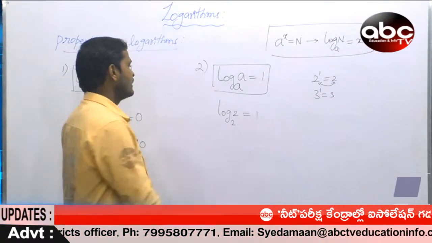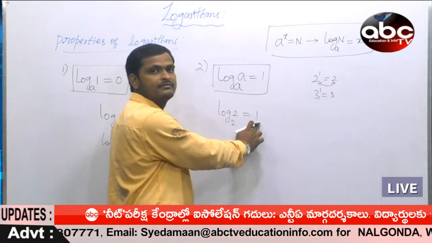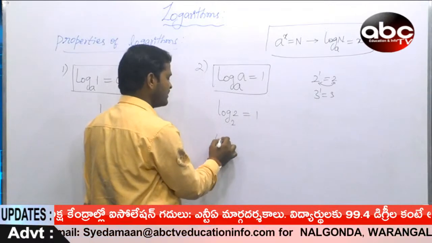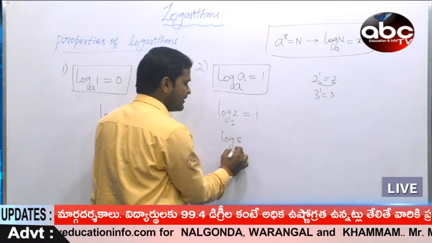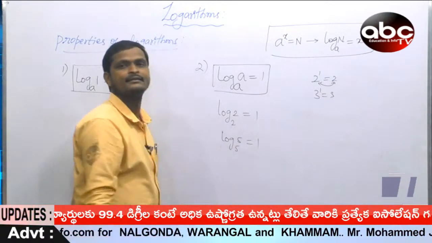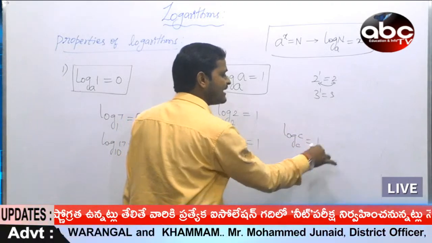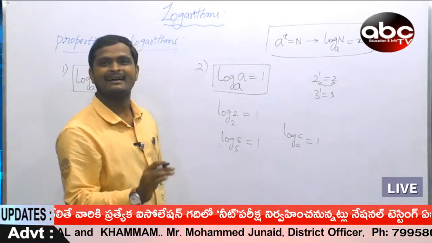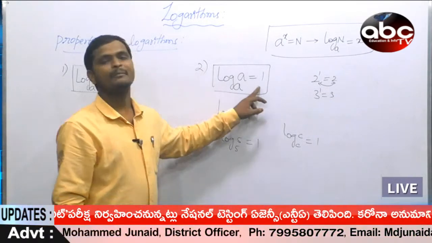Then log 2 base 2 is equal to 1. Take one more example: log 5 base 5, answer 1. Or you can take log c base c, answer 1. You can take log x base x, answer 1. It is the second property.